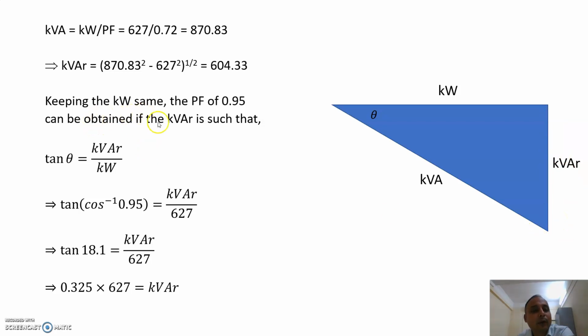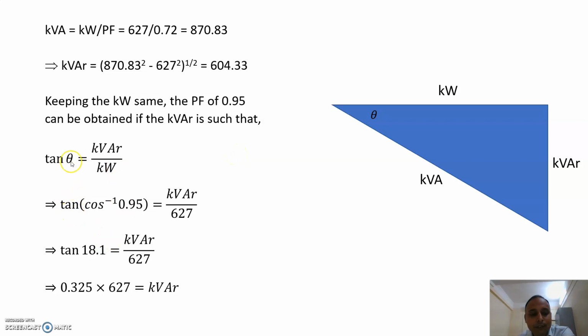So keeping the kilowatt the same, the power factor of 0.95 can be obtained if the kVAR is such that the ratio between kVAR and kilowatt, which is perpendicular divided by base, is equal to tan theta. So tan theta is equal to kVAR by kilowatt.